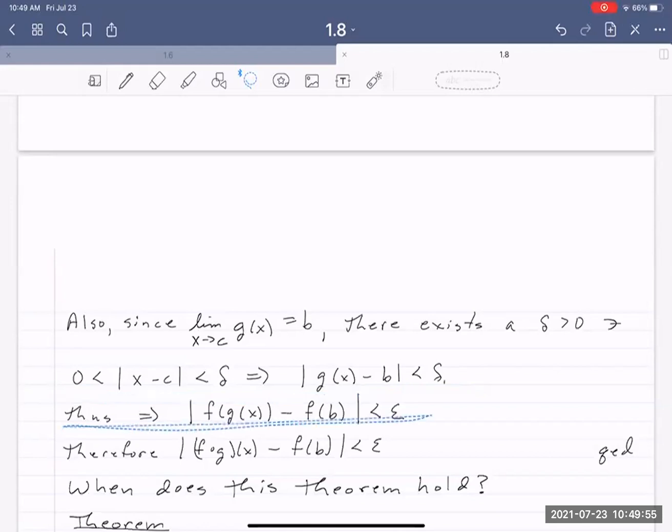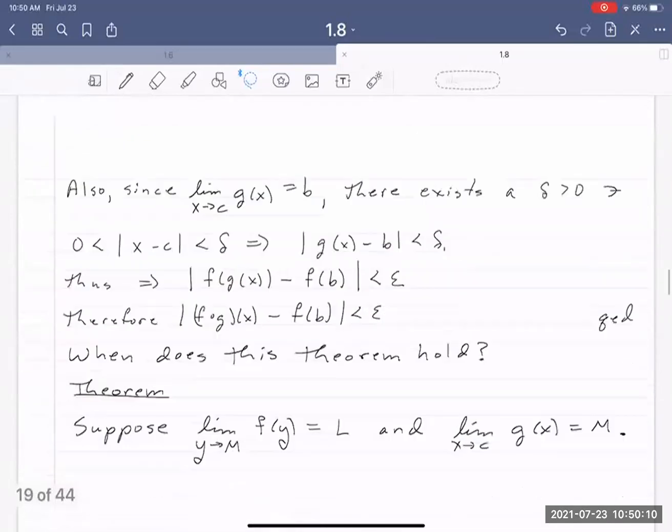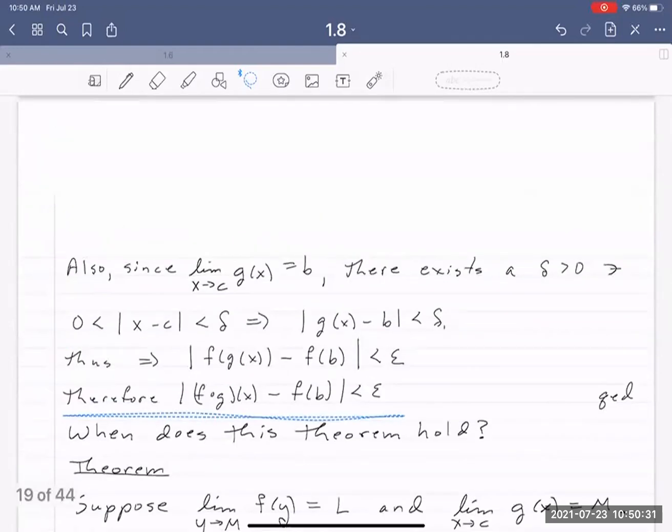Thus |f(g(x)) minus f(b)| is less than epsilon. Therefore, let's rewrite this in functional notation: |(f composed with g)(x) minus f(b)| is less than epsilon. Okay, good. So that's what we wanted to show.